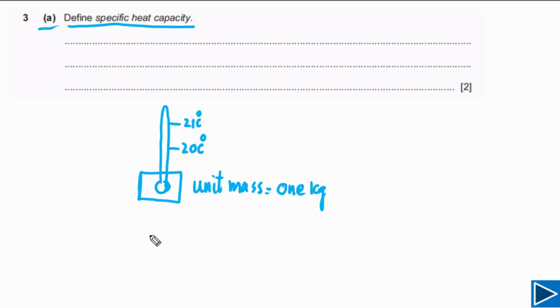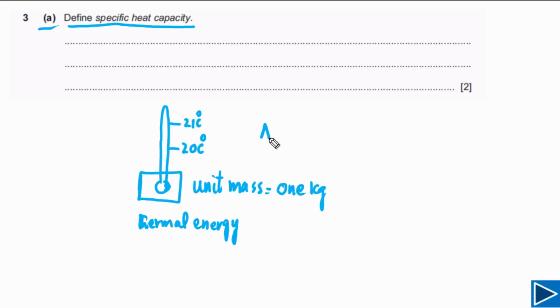In order to raise this temperature by 1 degree Celsius or by 1 Kelvin, the amount of thermal energy we need to supply is called specific heat capacity. So this is exactly what is meant by specific heat capacity.